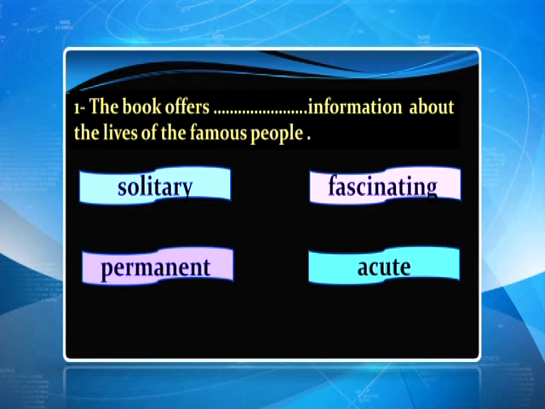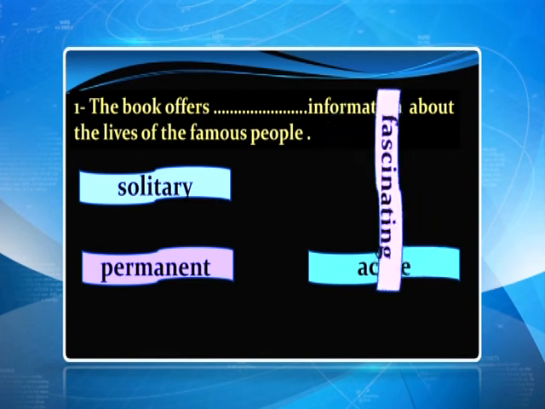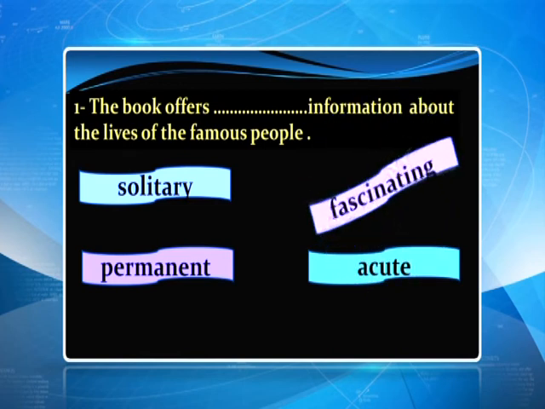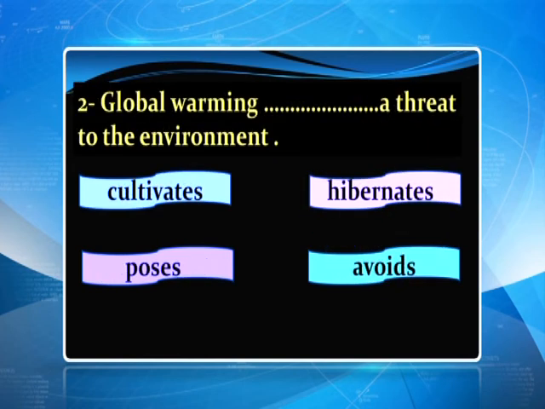We have here 4 options. See, we have information which is a noun, and we need an adjective. Now see, solitary, permanent, fascinating, acute. So if I'm talking about a book and the information, the information is normally what? It's fascinating. That's good.